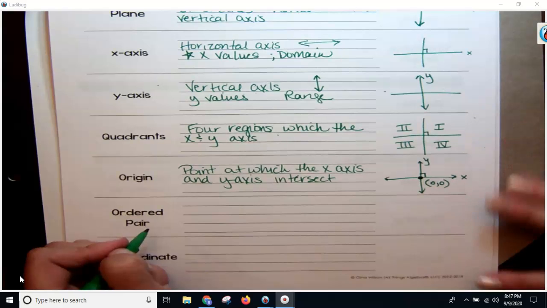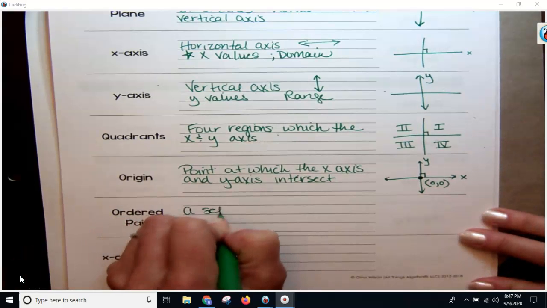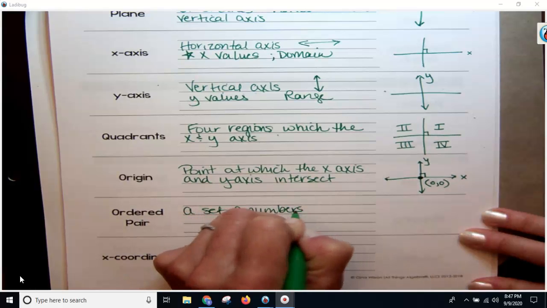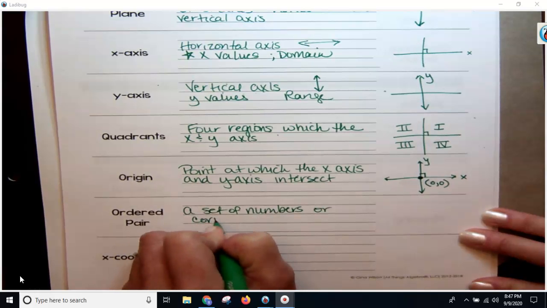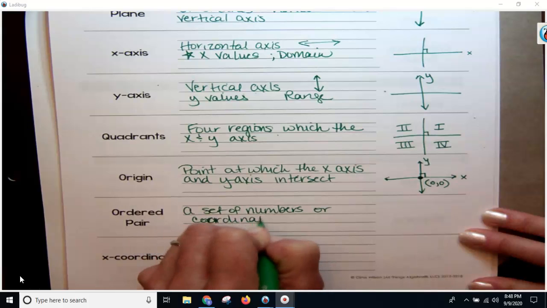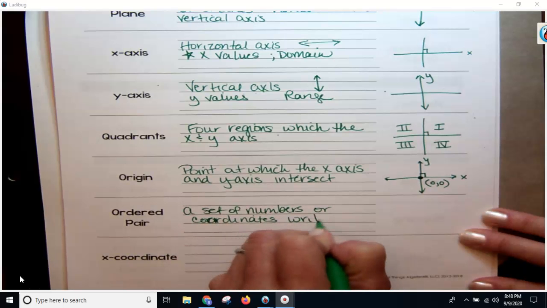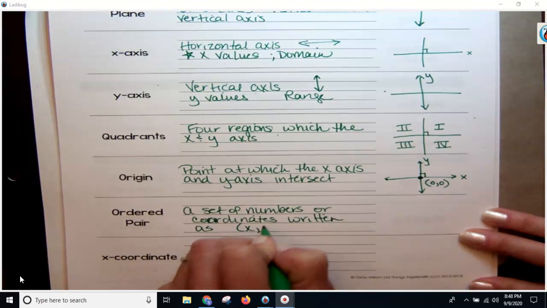Your ordered pairs, okay, is a set of numbers, or coordinates, C-O-O-R-D-I-N-A-T-E-S, written as x, y.